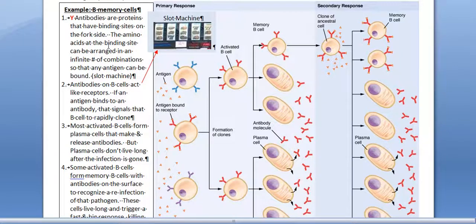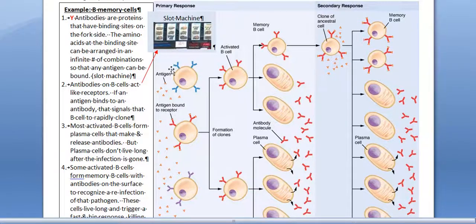And the amino acids at the binding sites can be arranged in an infinite number of combinations so that any antigen can be bound. No matter what it is, there's going to be some antibody that can bind it, because you have an infinite possible number of B cells that each make a different type of antibody, with a little bit different arrangement of amino acids in the protein, and that changes the binding characteristics.